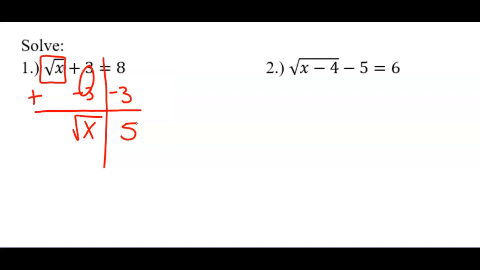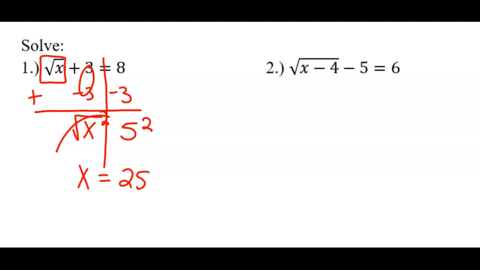Now I need to undo my radical sign, so I need to square both sides. I'm going to square this, and I'm going to square this. That'll cancel that. So I have x on this side, and I have 25 on this side. I am done. Let's check our answer.